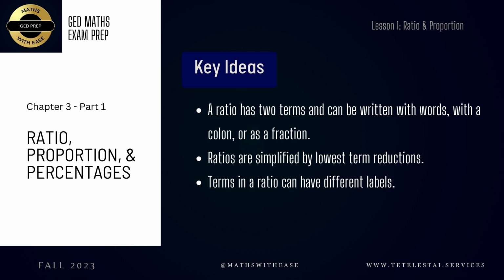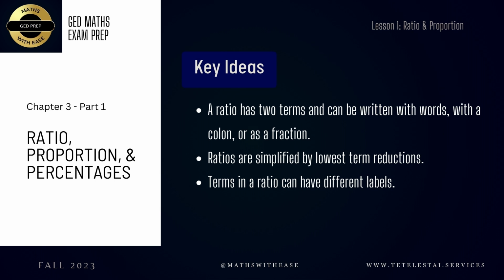You can write that same ratio with a colon, so you would write 3:1, or you can write it as a fraction, 3/1, okay? Ratios are also simplified by reducing to the lowest terms, as we've seen with fractions. And then the terms in a ratio can have different labels.